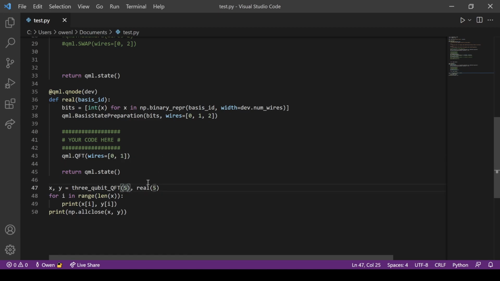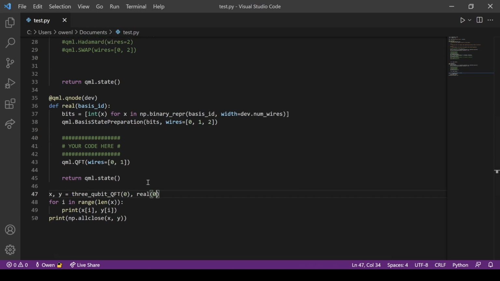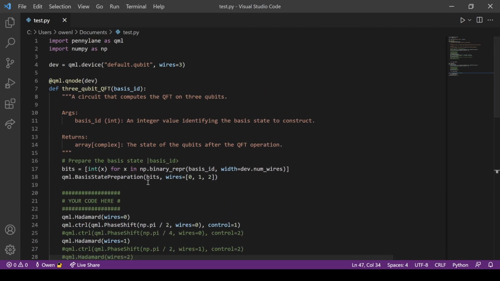Now let's try 0. Okay, I'm just going to see what happens. Okay, so the 2-qubit case is not correct. This is smart. I should have started with this. The 2-qubit case is not correct. Okay.